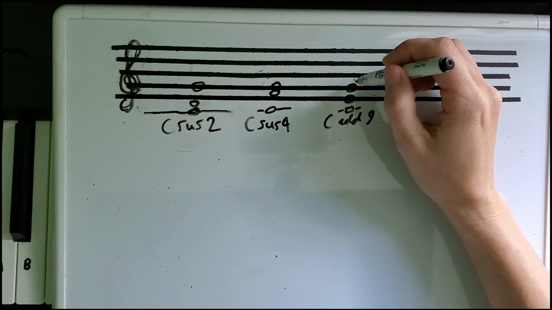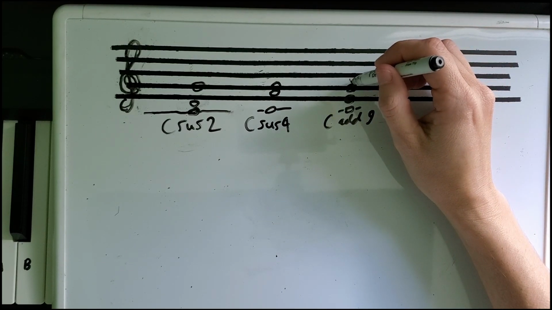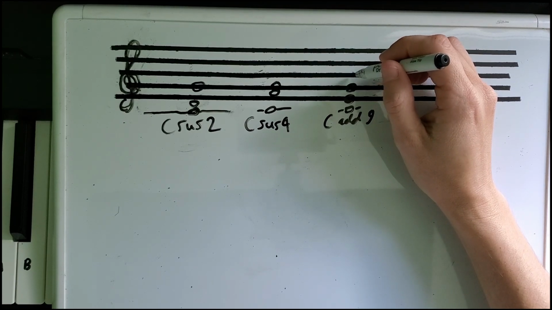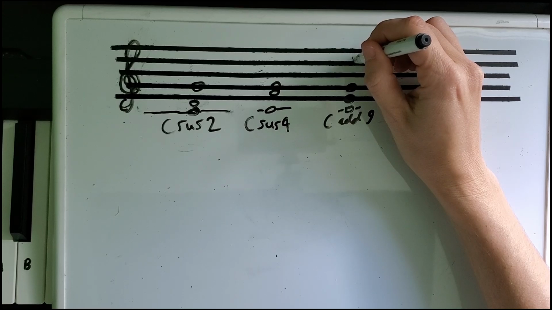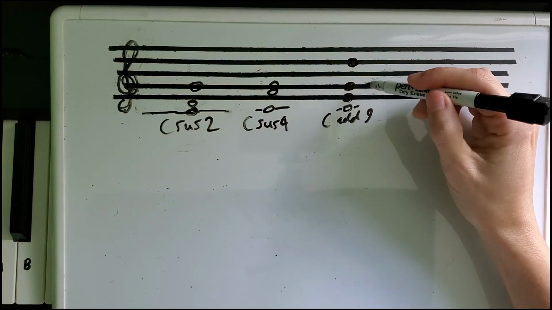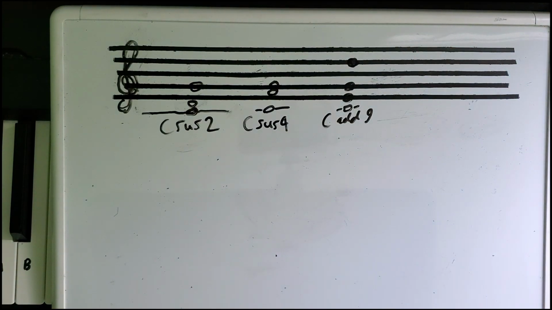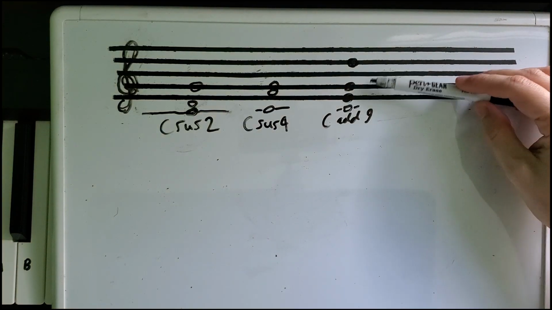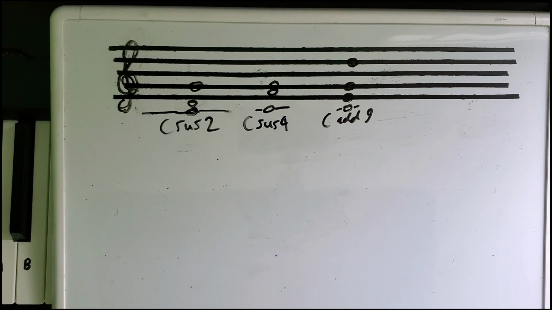So that means we're going to go, it's been a while, guys, we're going to go to D right here. That should be correct. Yes. So this is what our add 9 would look like.